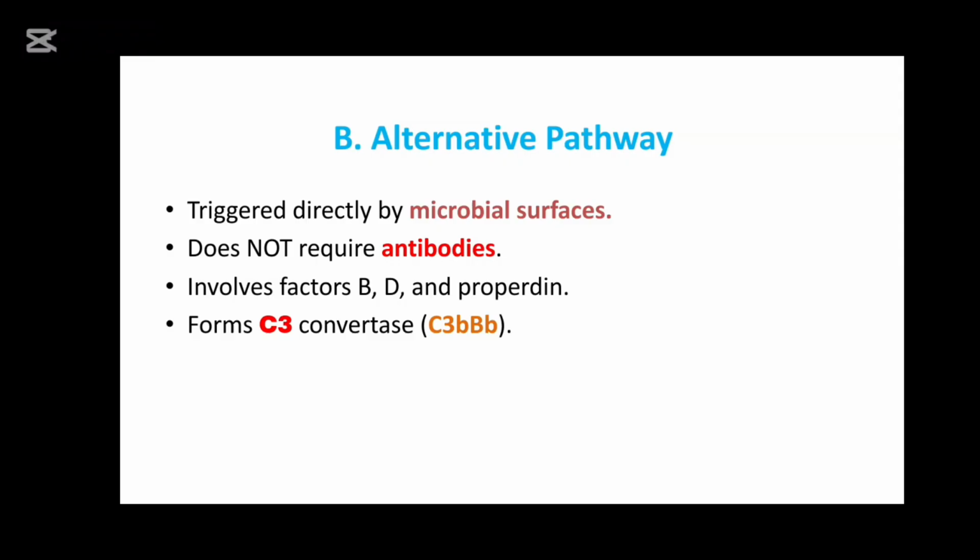This does not require antibodies. Remember, the classical one needed antibodies like IgG as well as IgM. However, in the alternate pathway, we don't need the antibodies. We only want microbial surfaces. This alternate pathway involves factor B, D, and properdin.